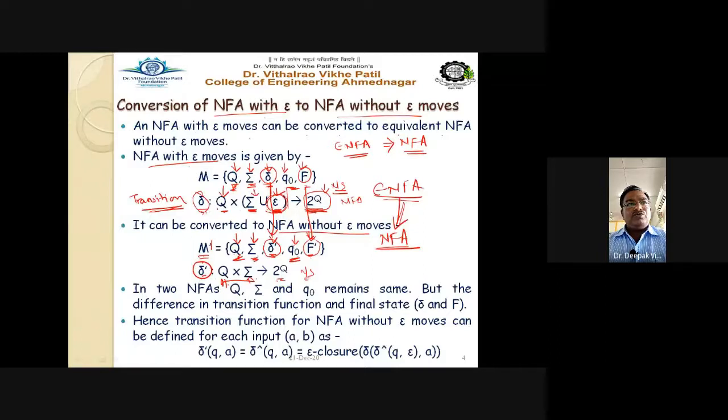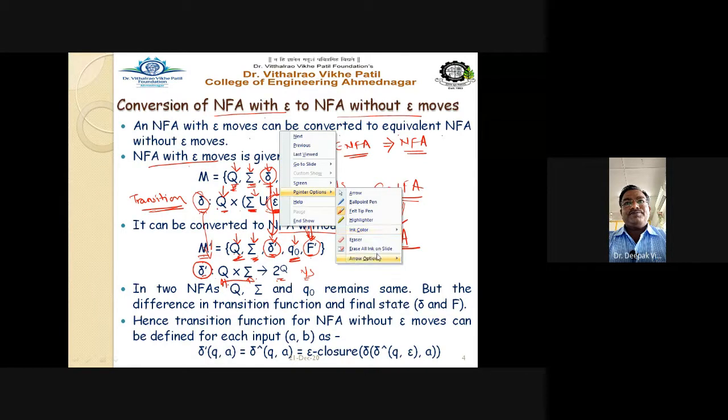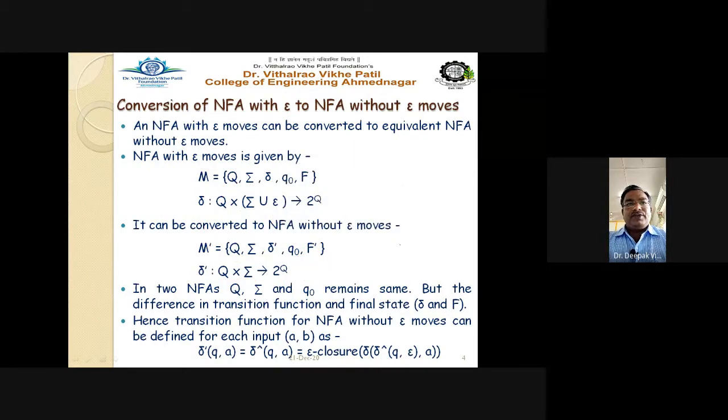When you want to change ENFA to NFA, you have to map this delta function to this delta dash function, and ultimately map F to F dash, which is your final state. Getting this point? So in the given two NFAs, Q, the set of states, the input alphabet, and Q0 remain the same, but the difference is in the transition function, delta and delta dash, and the final states, F and F dash.